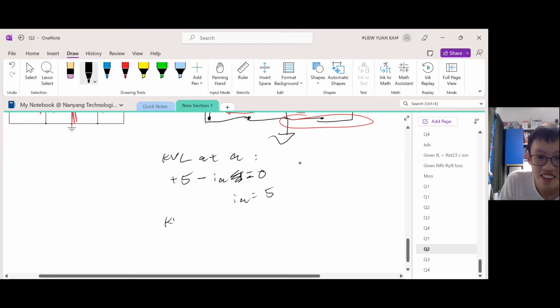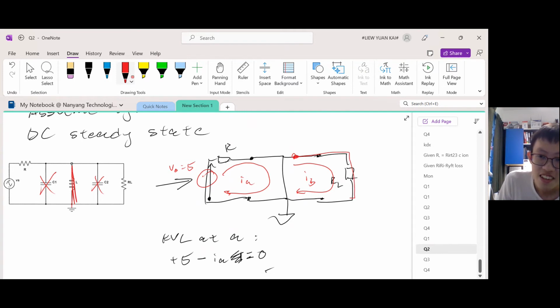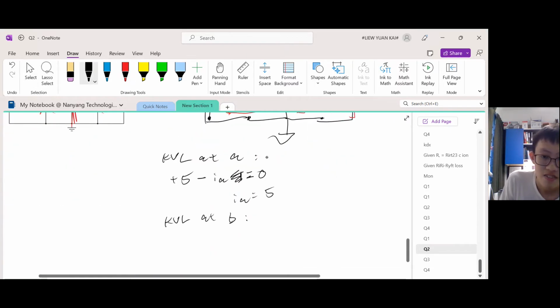Let's do a KVL at B. I think KVL at B will reveal something silly. Let us start from, let's say, here. We go through IB, that means minus IB times RL.